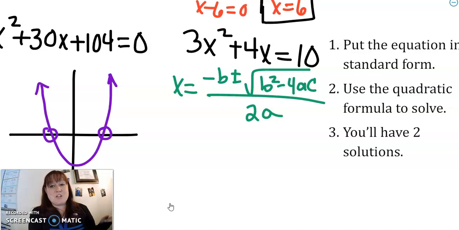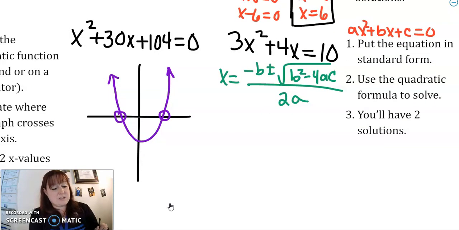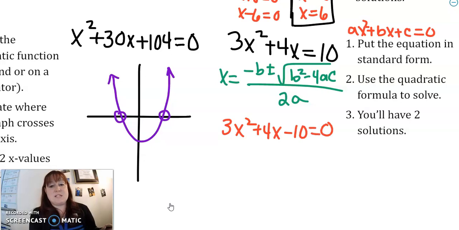So if a function is in standard form, remember ax squared plus bx plus c equals 0, then we can just plug a, b, and c into this formula and it will work. It will tell us the answers. So we've got to get our function into that form. We have 3x squared plus 4x, and we need to subtract 10 from both sides so that we have it in standard form.